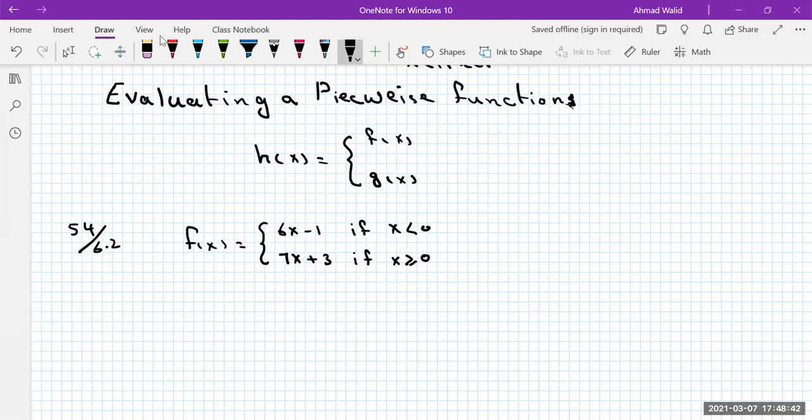Before solving this problem, at which point they're asking you to evaluate f of 4.